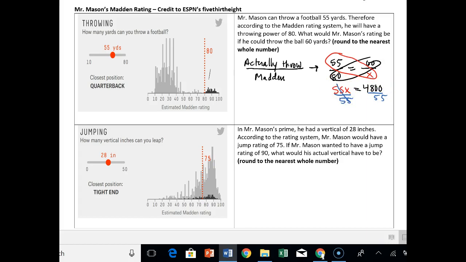Those cancel out, so I get x is equal to, now if I do 4,800 divided by 55 on a calculator, we get 87.27 repeated, right? So if I'm rounding to my nearest whole number, the 2 tells me to round down, so my Madden rating would be 87. Not bad, if I could throw the ball 60 yards, right?